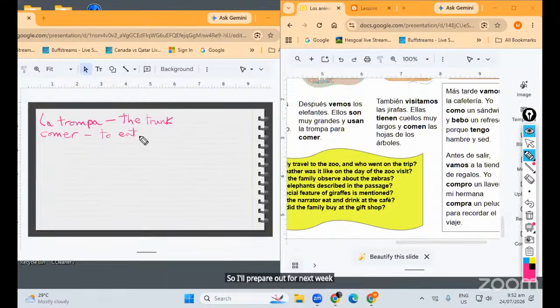Ready? All right, one time to the right here, we have giraffes, right? So las jirafas, the giraffes.